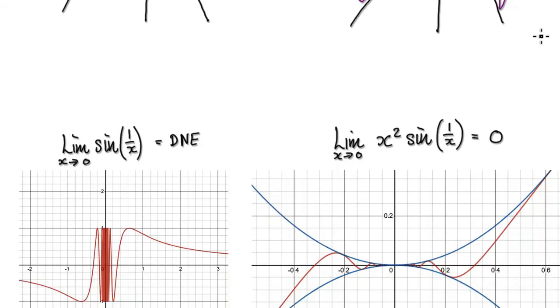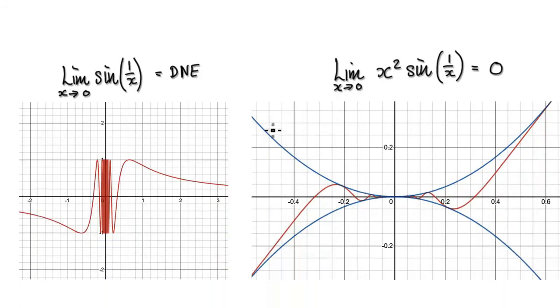And we've already seen that when you look at this block, sine of 1 over x looks like this. It squiggles a lot as you approach 0, and dead on 0 it breaks down. So dead on 0 is undefined. So we've already seen that the limit here does not exist. So now when you combine x squared with sine 1 over x, it will get encapsulated within the x squared.